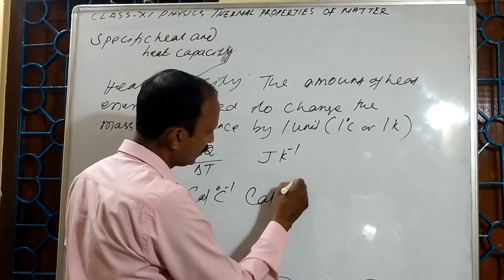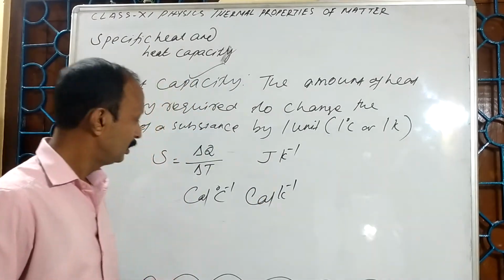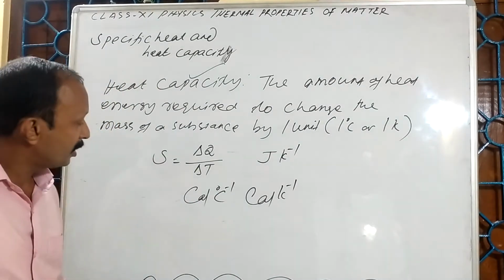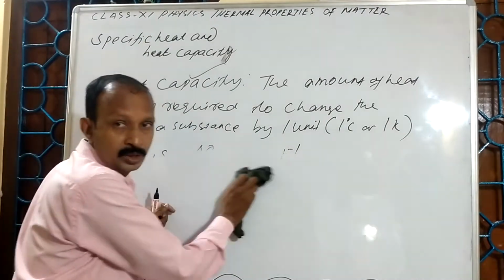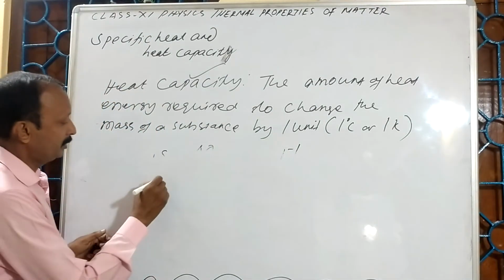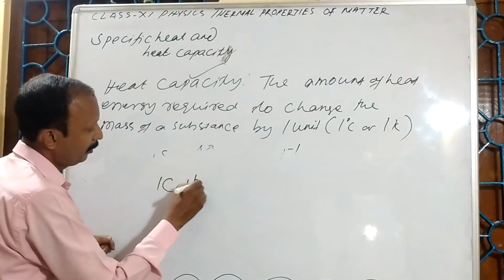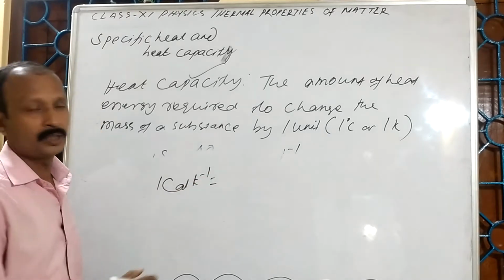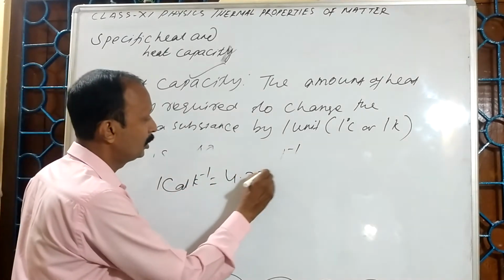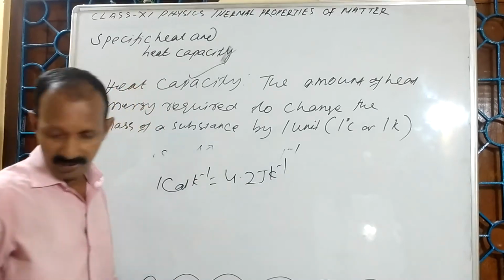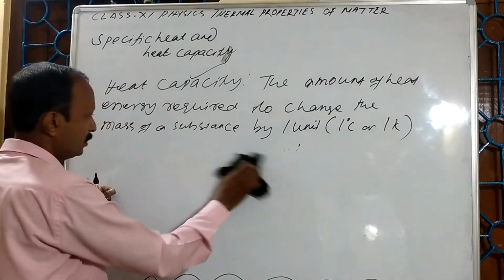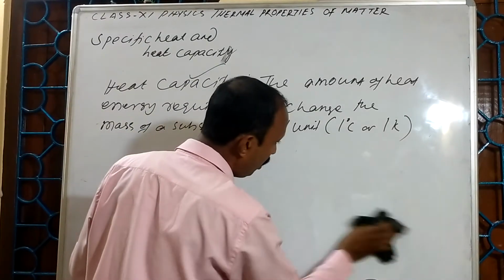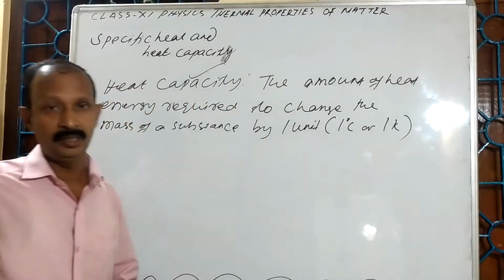Okay children, so already you know the conversion, how to change calorie to joule. So I can write that 1 calorie per Kelvin is equal to 4.2 joule per Kelvin. Okay, so conversion already you know, we don't want to discuss it. So this is about the heat capacity.